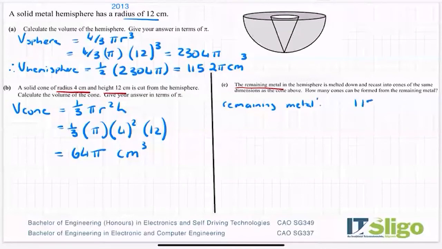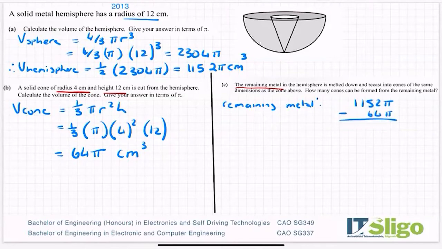Well, that's 1152 pi minus 64 pi. I'm just going to take them away from each other. 1152 minus 64, so I am getting 1088 pi.